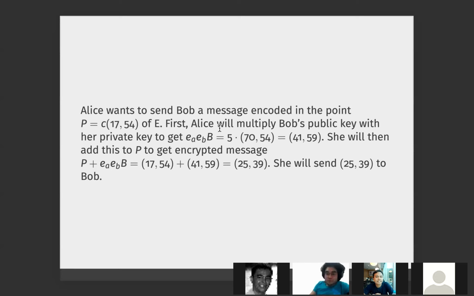How will Alice do it? First, Alice will multiply Bob's public key with her private key to get this. Then she will add this to the message to get this one here, and this is the one which she will send to Bob.